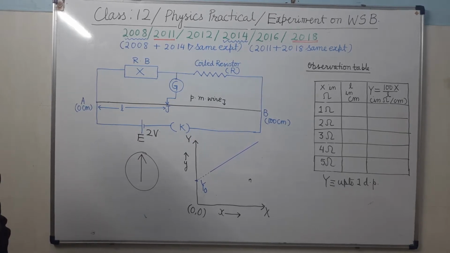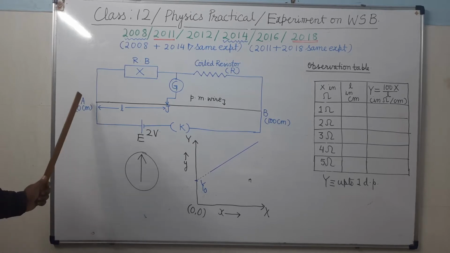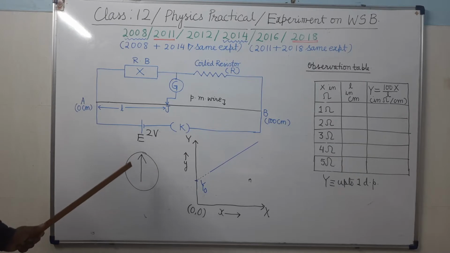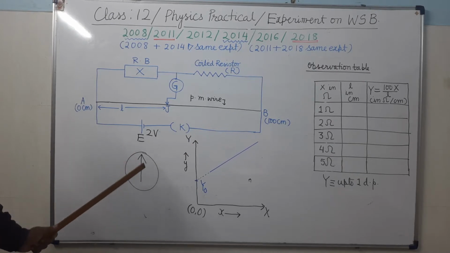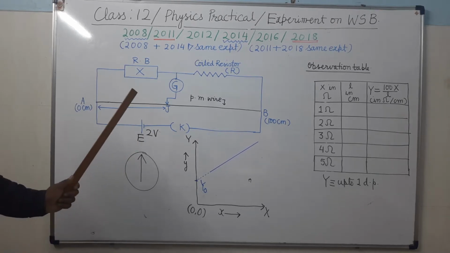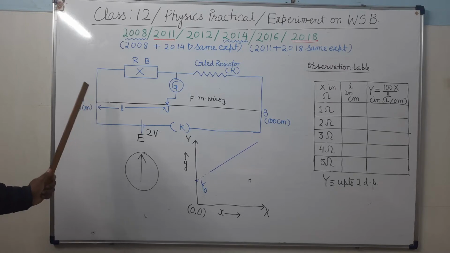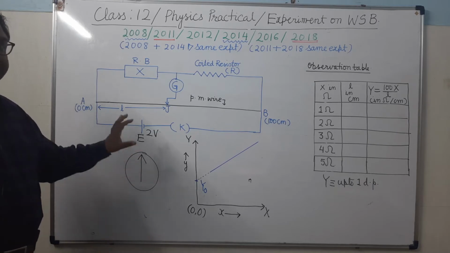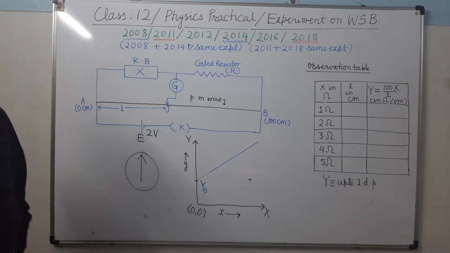Means on touching at A and on touching at B, it should show deflection in opposite directions. If at one point it shows deflection in clockwise direction, then at the other point it should show deflection in anti-clockwise direction. You have to ensure this. This is a must for beginning the experiment.